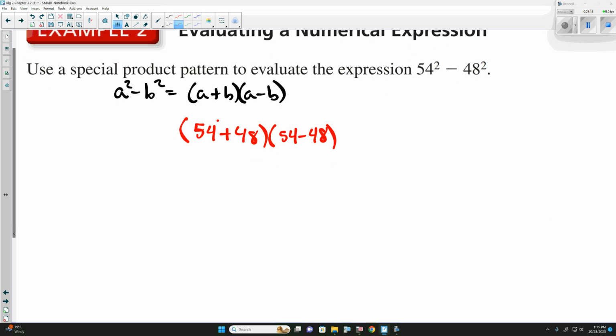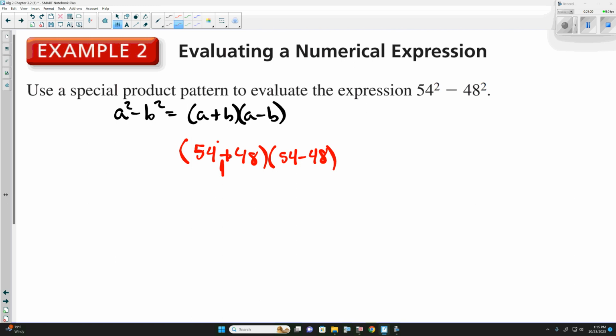So 54 plus 48 would be 102. And 54 minus 48 is 6. And 6 times 102, 2, carry the 1, 0, 1, would be 612.